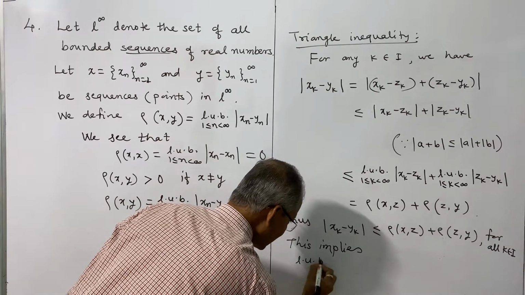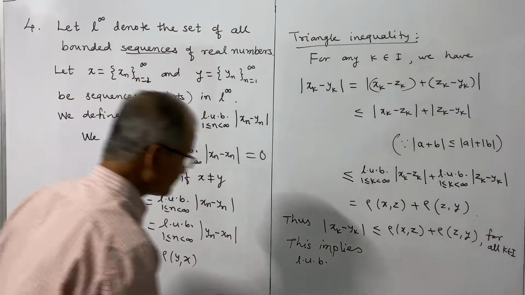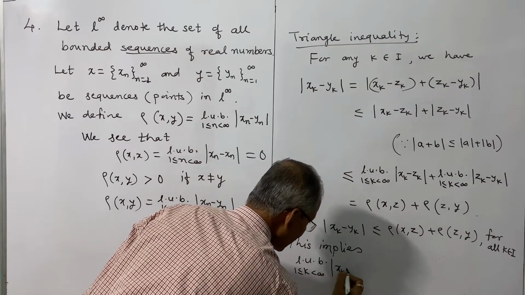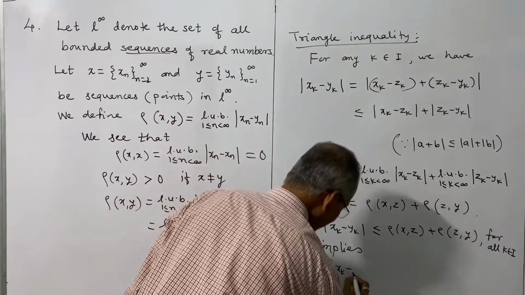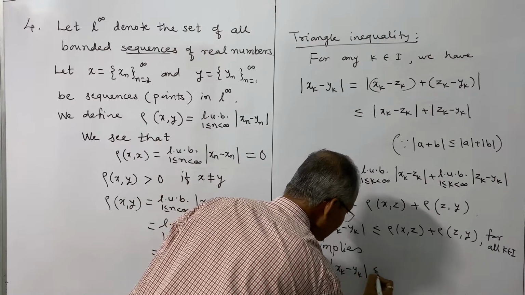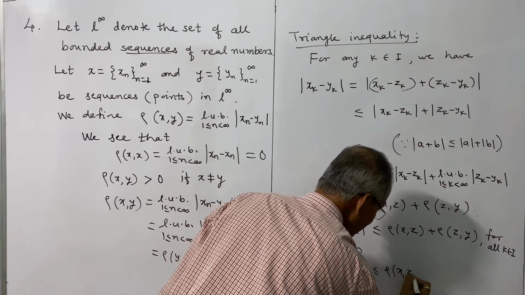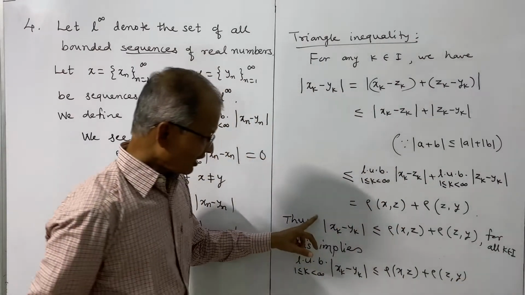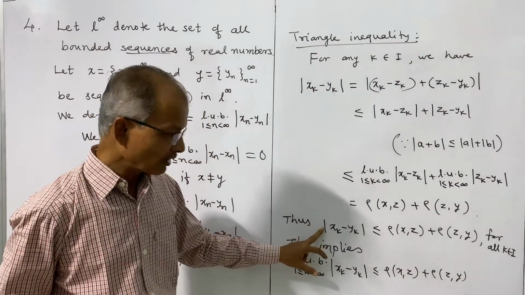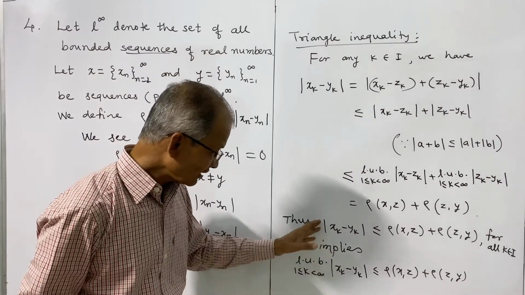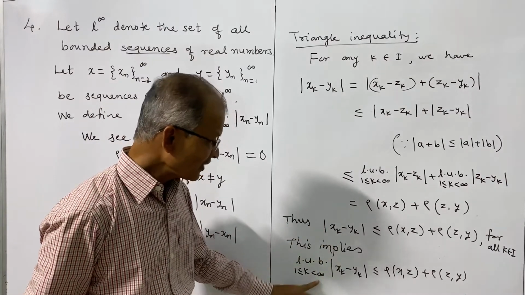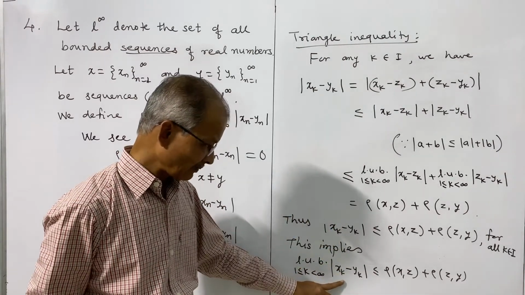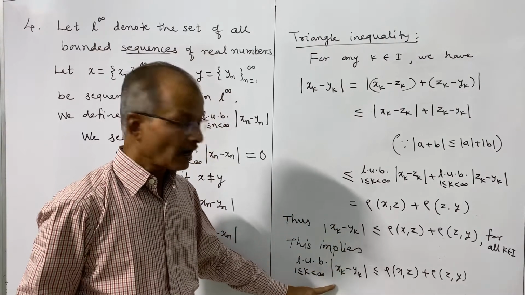And therefore this implies the least upper bound, as k takes values between 1 to infinity, of the absolute difference of xk minus yk is less than or equal to rho of x and z plus rho of z and y. See what we have done: this is true for all k, and therefore if you take the least upper bound of that, then that also holds. And what is this?